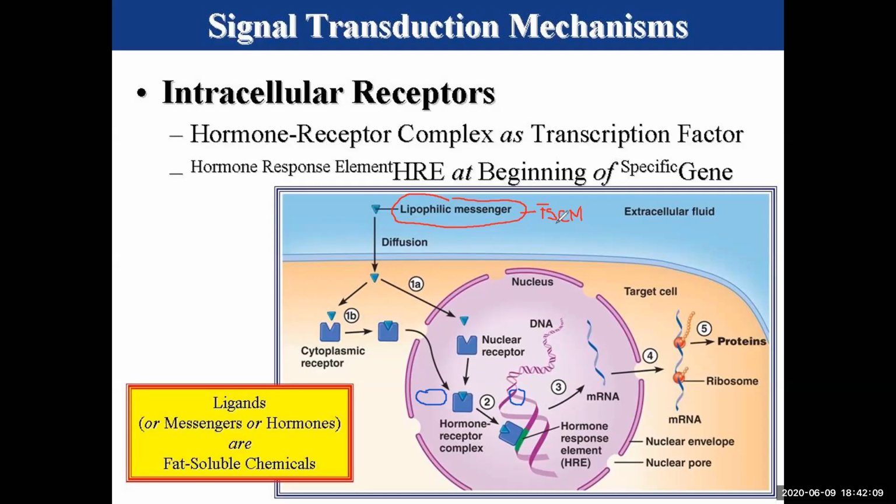If it's fat soluble, it goes straight through the membrane. So it can have the receptor in the cytosol waiting for it, or it can go straight through the nuclear envelope here, and it will have a nuclear receptor waiting for it.